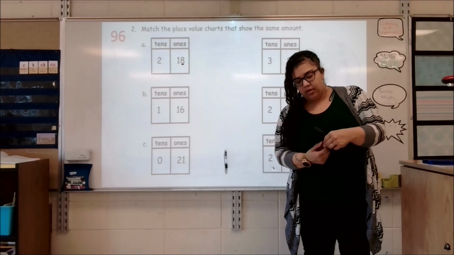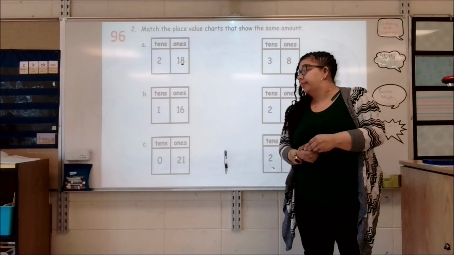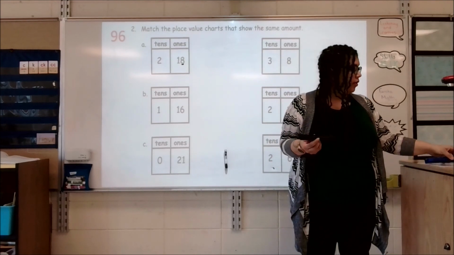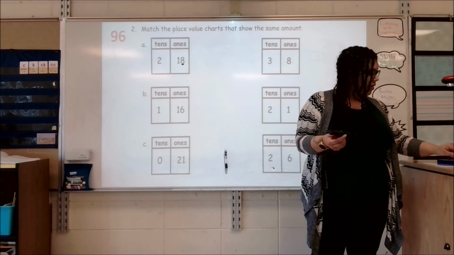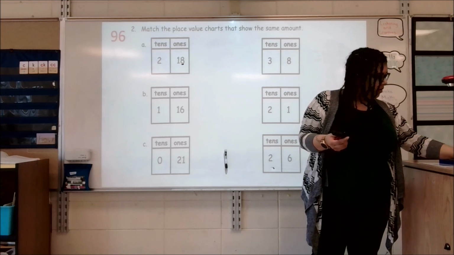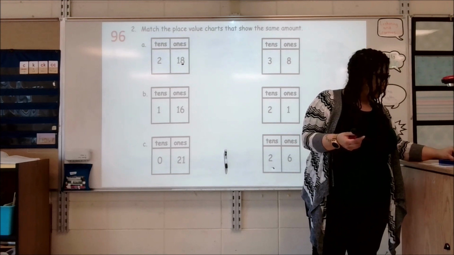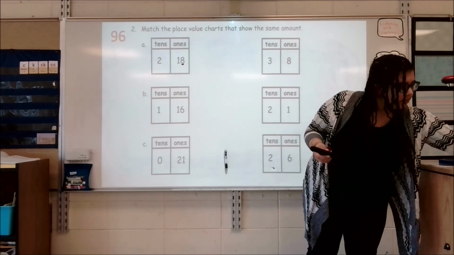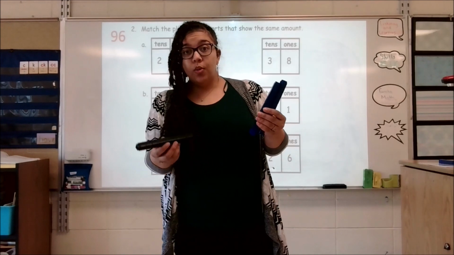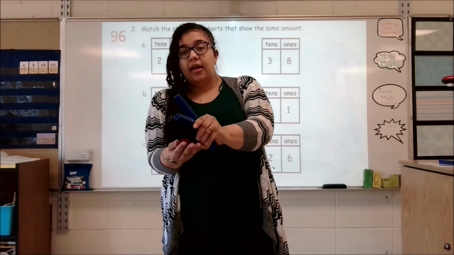So this is what we have right now, okay? I'm not taking the black ones apart. We're going to assume that they are in pieces because we know what we're talking about. Okay, so we've got 2 tens and 18 ones. Well, within these 18 ones, I can group together a group of 10.